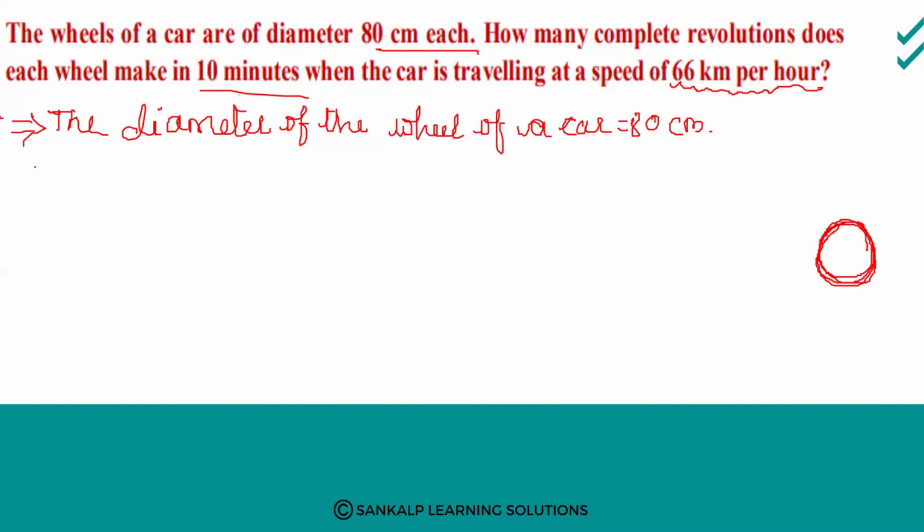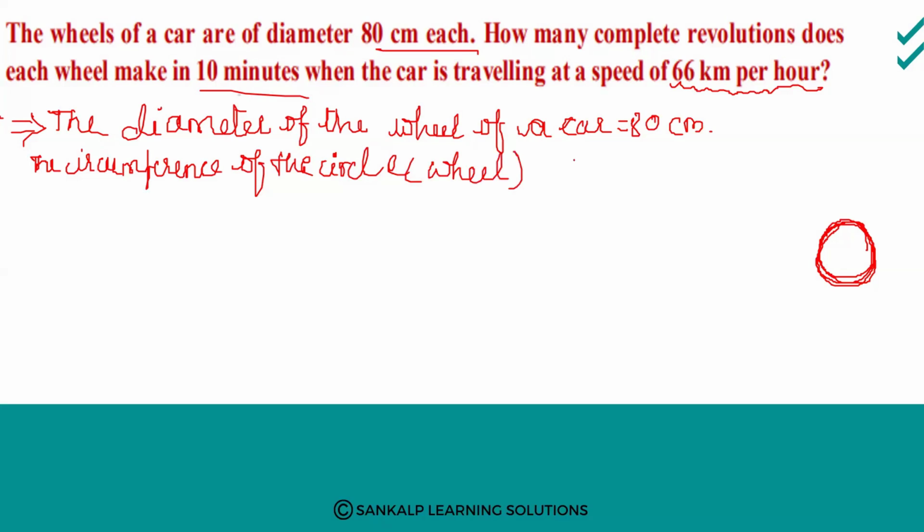Therefore, the circumference of the circle, circle means it is wheel here. Circumference of the wheel is equal to, what is the formula? 2 pi r, right?